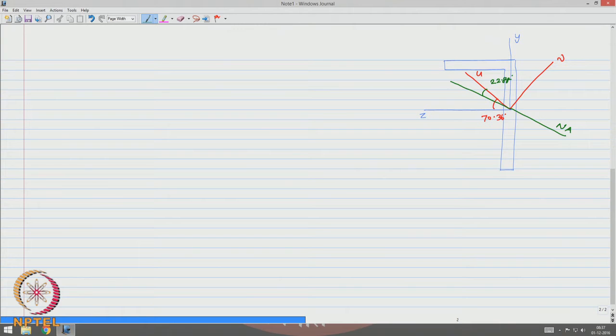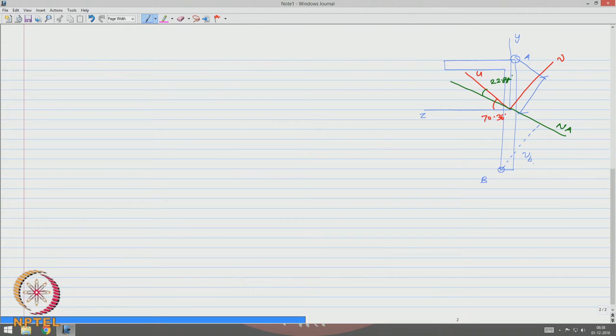So, if you want to find out the stress at this point, let us say point A, I must know the distance of this from the neutral axis measured along V. If you want to locate the stress at this point B, I must know the distance of this point measured from the neutral axis, which I call as V B.